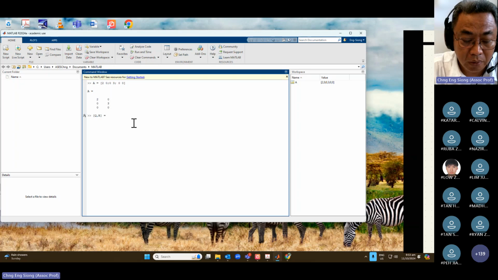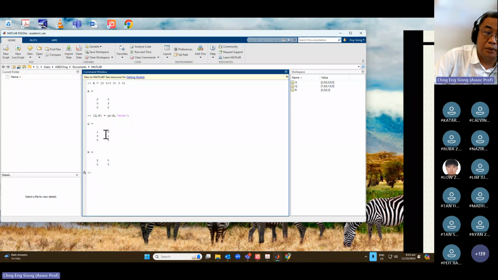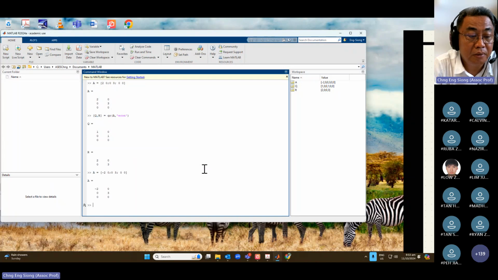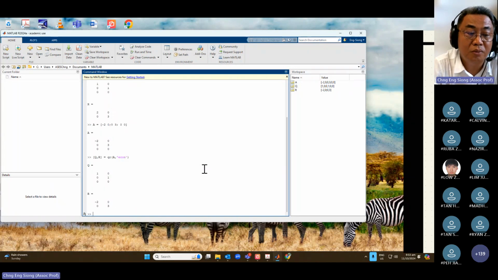QR equals to QR A economy. And then we see, yes, exactly what we have written. Okay, let's see. Now I'm going to change some values.